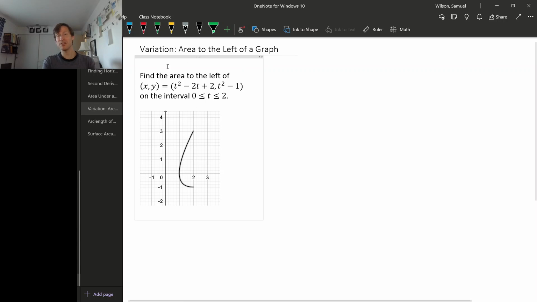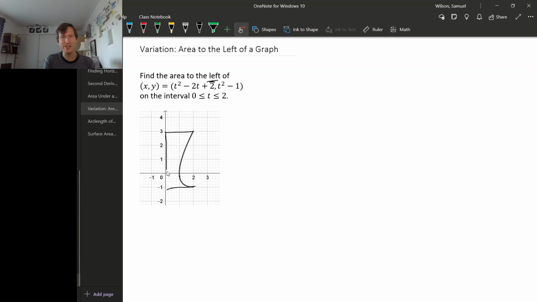Let's look at a little variation on this theme. Let's find the area to the left of this parametric curve for t values from 0 to 2. So we haven't talked about the area to the left of a graph before, but if you think about calculating this region here, slicing it vertically would be a mess, but if we sliced it horizontally, that looks pretty clean.